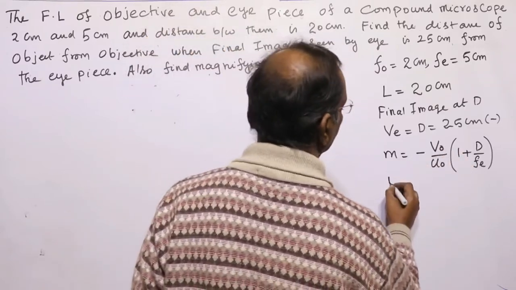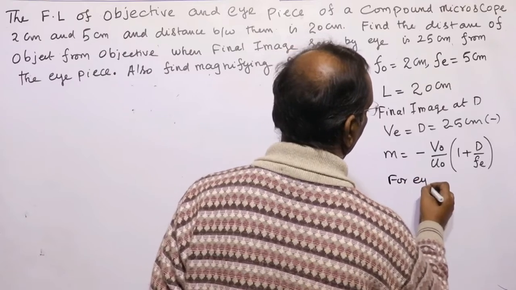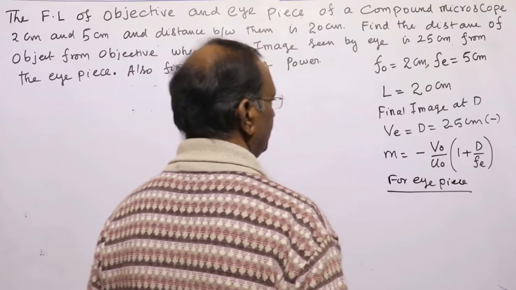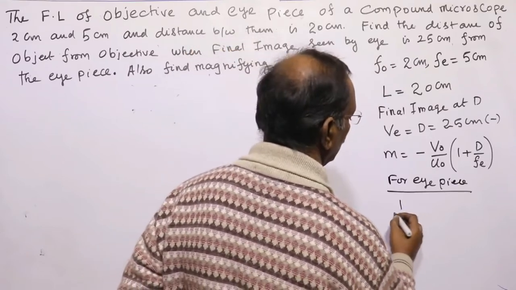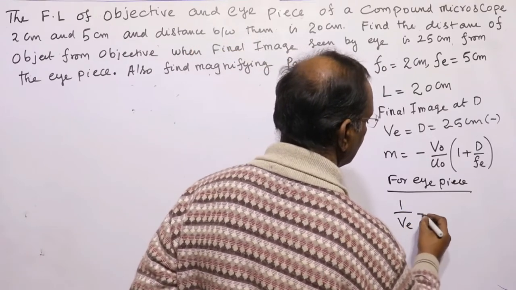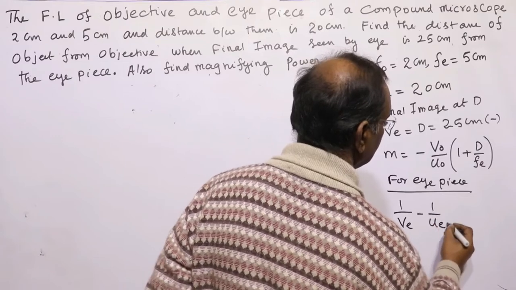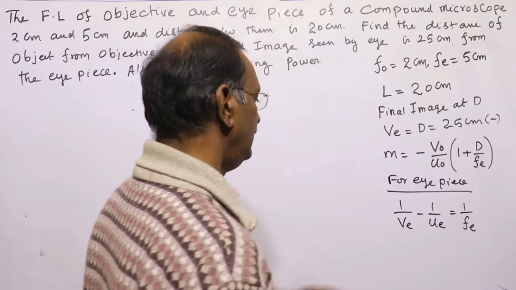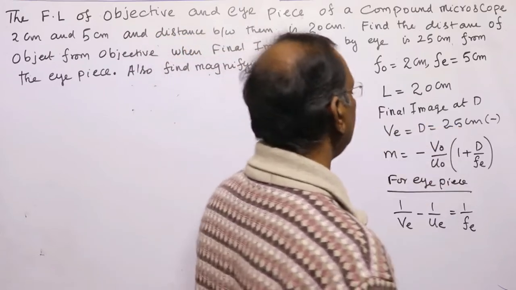So for the eyepiece, using the lens formula 1 by VE minus 1 by UE is equal to 1 by FE. VE is given as 25 centimeter.